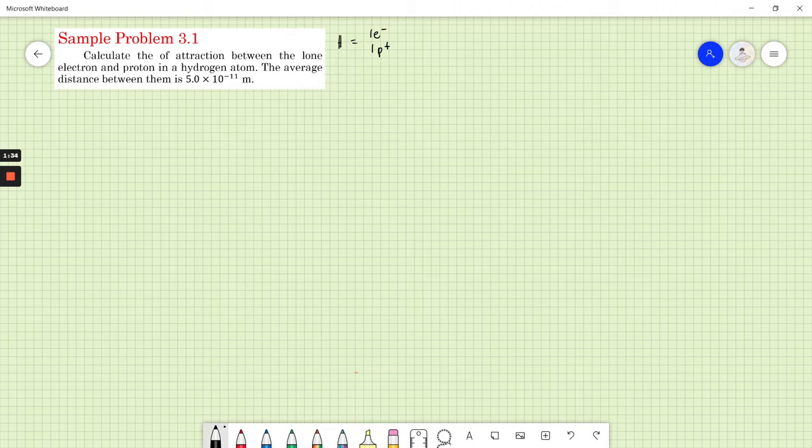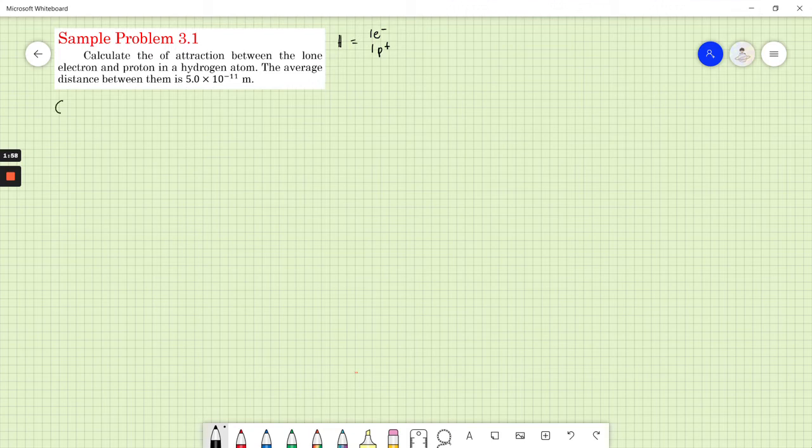We know that it should be attraction force because electron is negative while proton is positive, and we know that unlike signs attract. Okay, so the distance between these two subatomic particles is 5.0 times 10 raised to negative 11 meters. Okay, so how are we going to solve this?